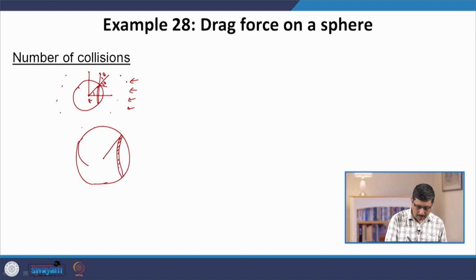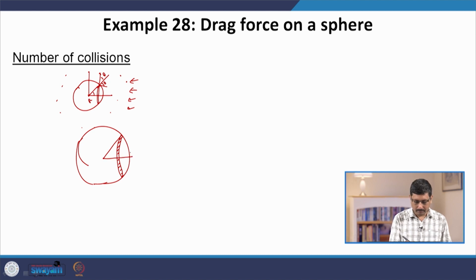Imagine a ring on the sphere. The sphere is a 3D object. Now, on this ring all the particles are hitting the sphere with an angle theta as shown in this particular figure. So, they all have the same angle theta. So, how much is this area of the ring? The total number of collisions is the total number of particles hitting this area.